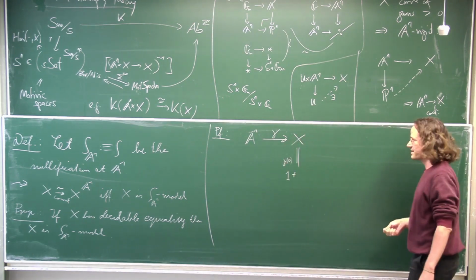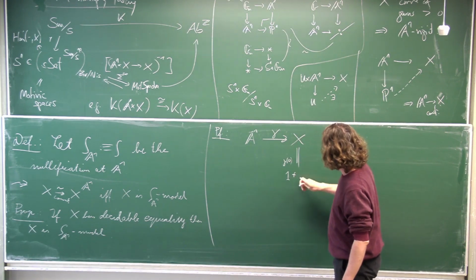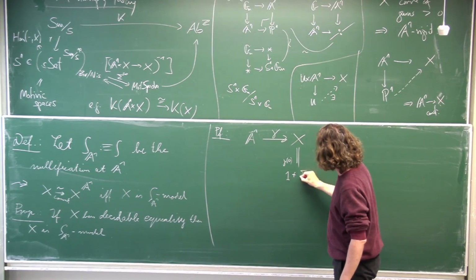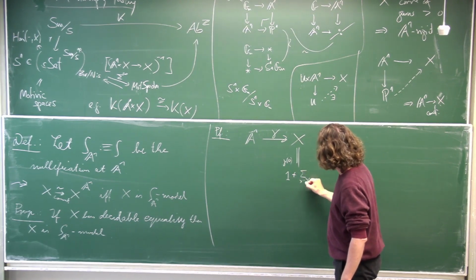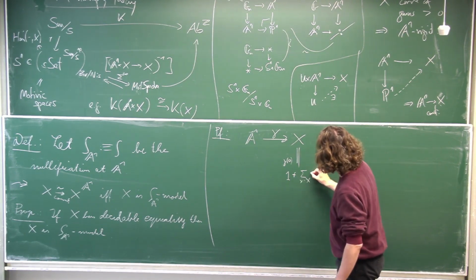Could also take gamma of 1, of course. And we can then rewrite as the coproduct of this point and all other points. So all x in X, which are different from this one thing. So.